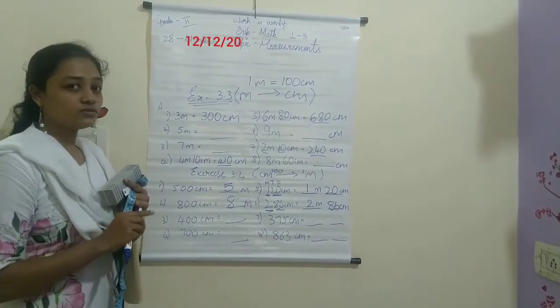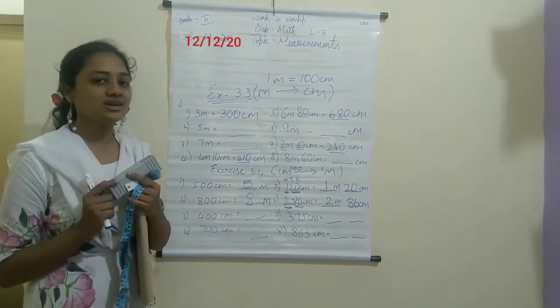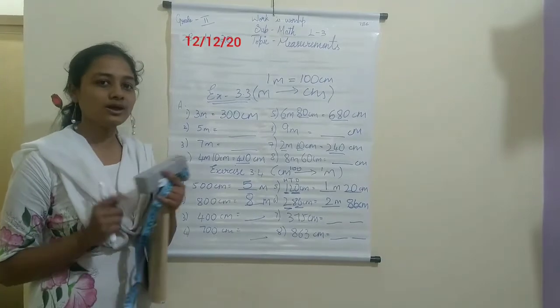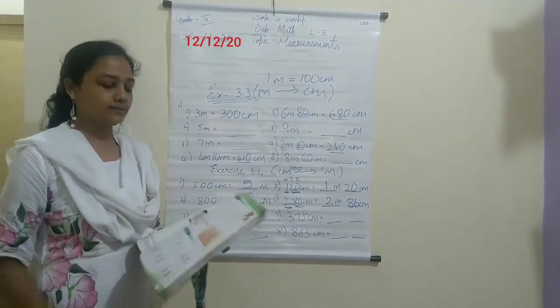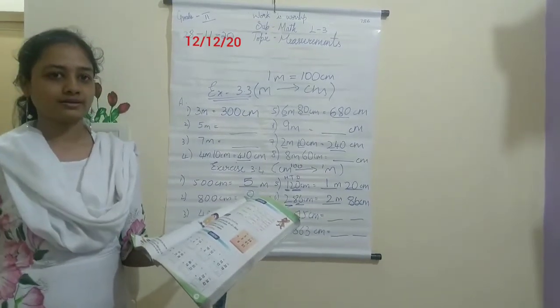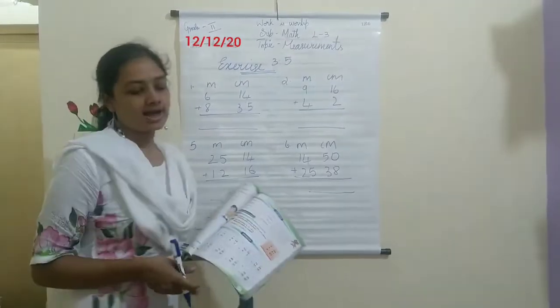And the rest too, you have to work it out, children. And you have to finish it. Now it says, don't keep it pending. I'll be checking it in the interactive sessions. Okay. Now we have to go for the next exercise. So now we are going for exercise 3.5, page number 93.